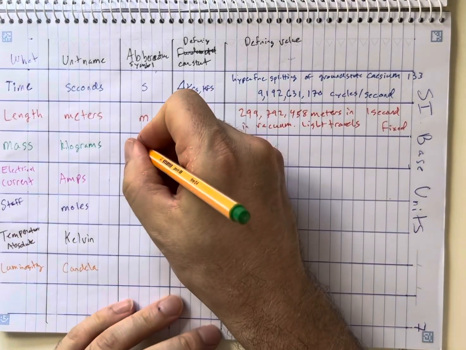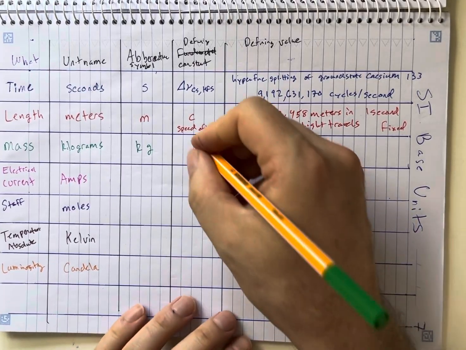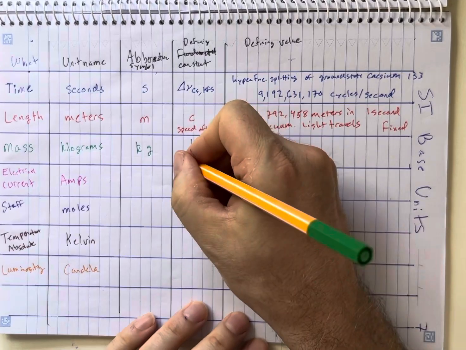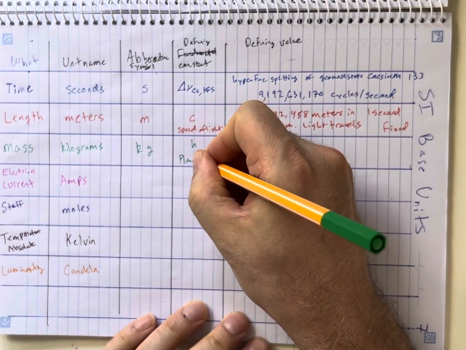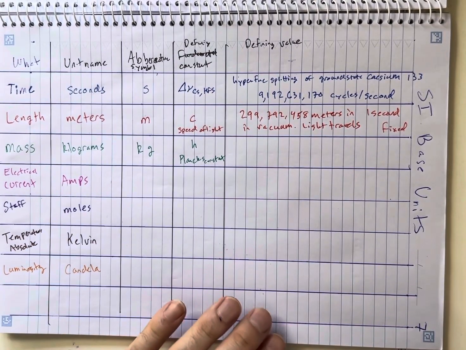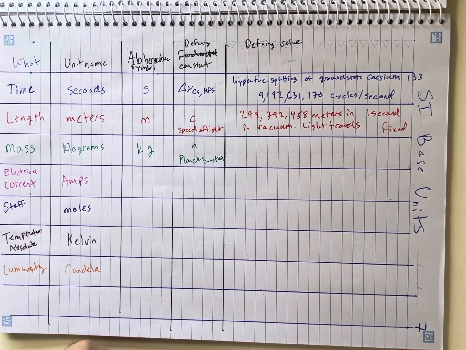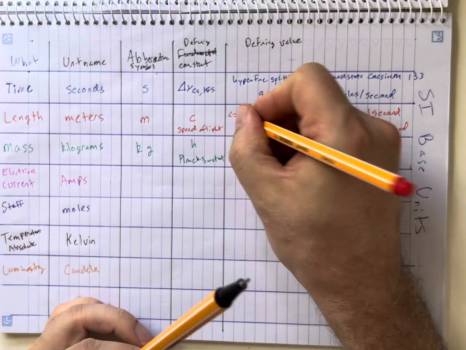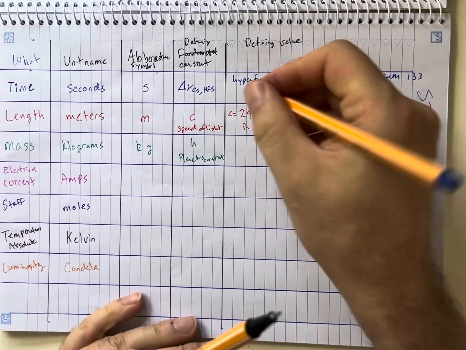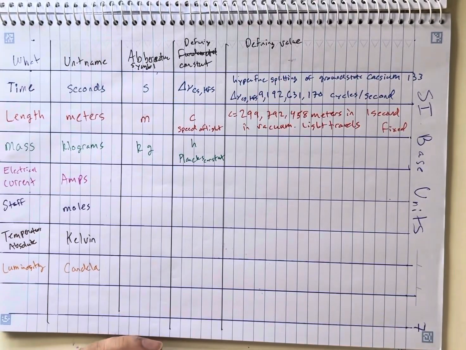Okay, so kilograms. Everybody knows this is kg. So this is defined in terms of h, which is Planck's constant. And so here we've got c is equal to that, and delta nu Cs hyperfine splitting is that.